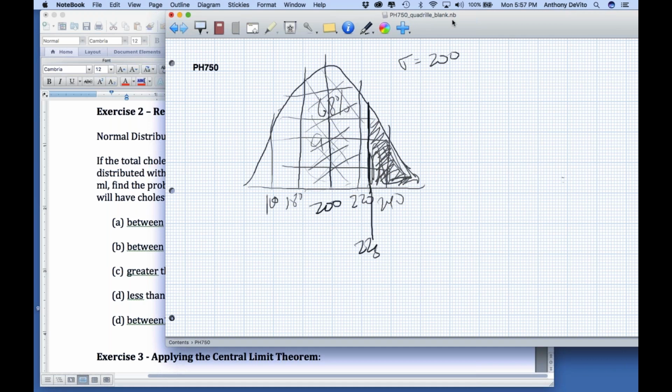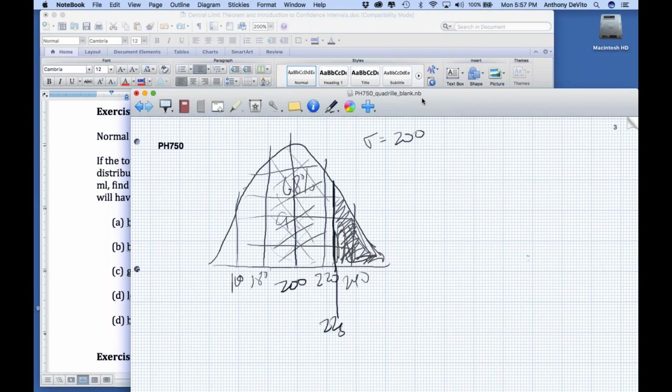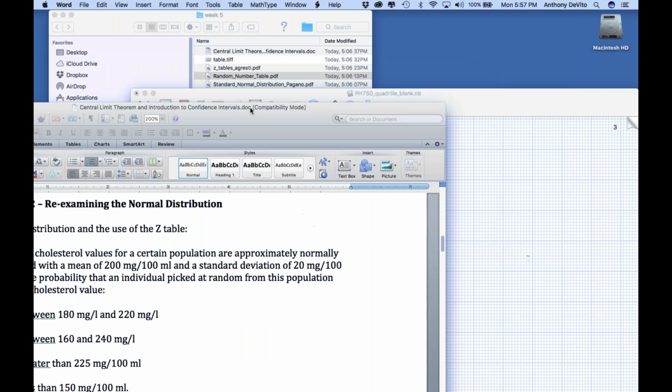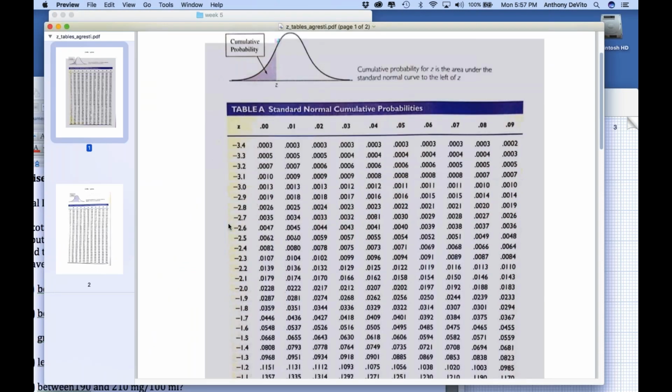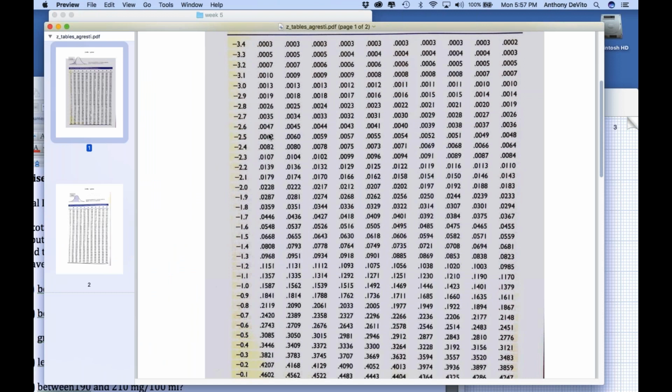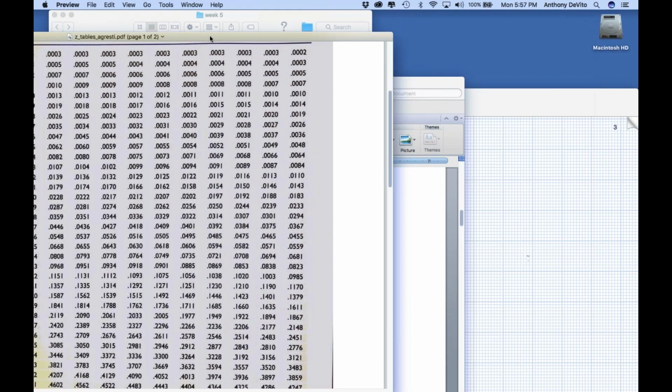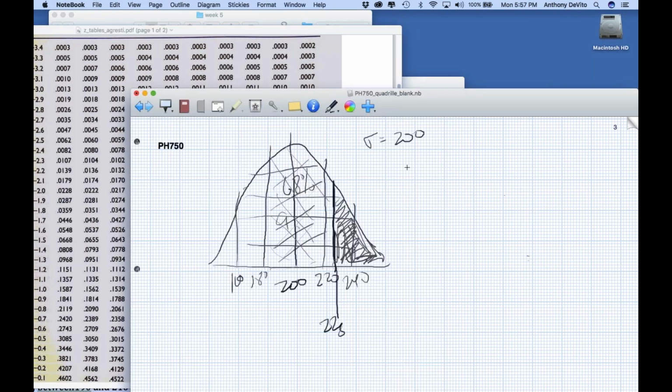Okay, so I'm going to go to the Z table. I think I have it handy in that folder that I have here. Okay, here's the Z table. And first of all, what's the Z score? The Z score is going to be 225, oops, that should have been 20 up there. Okay, 20, right?